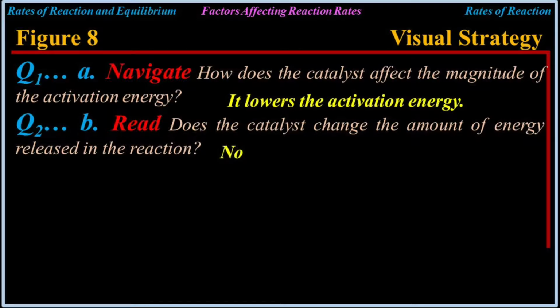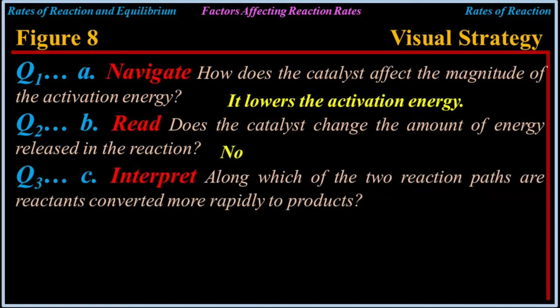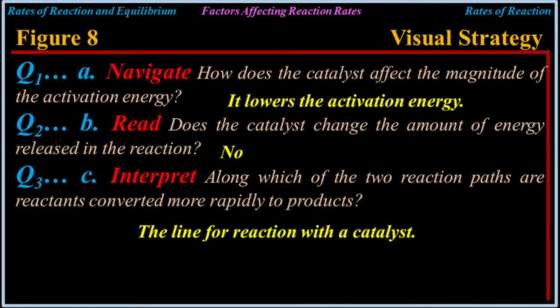No. Question 3, interpret: Along which of the two reaction paths are reactants converted more rapidly to products? The line for the reaction with a catalyst.